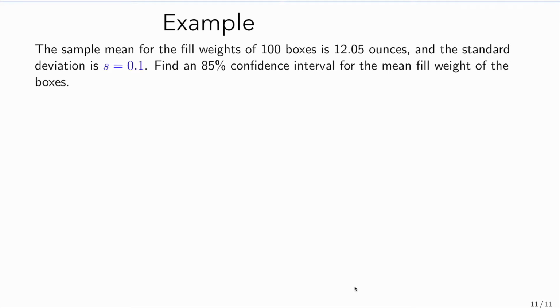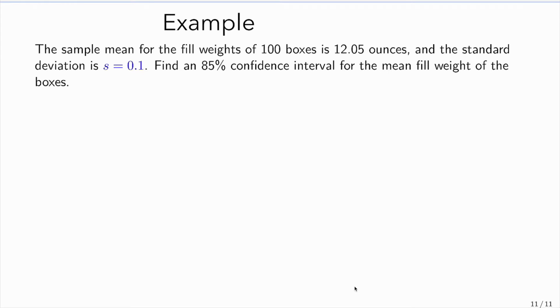Example. So the sample mean for the fill weights of 100 boxes is 12.05 ounces, and the standard deviation is S equal to 0.1. Find the 85% confidence interval for the mean fill weight of the boxes.